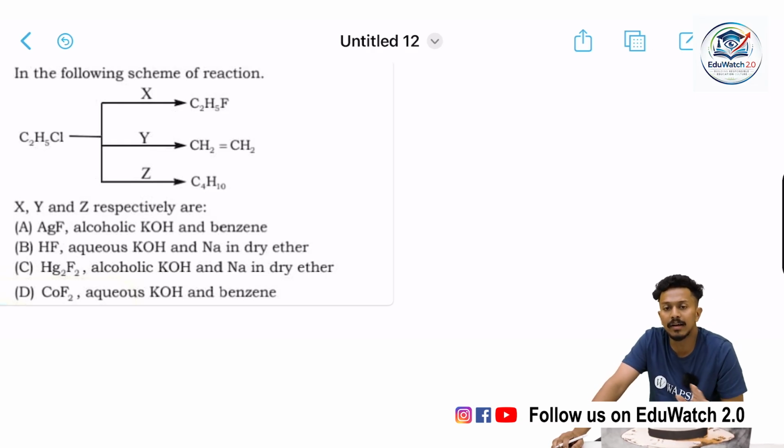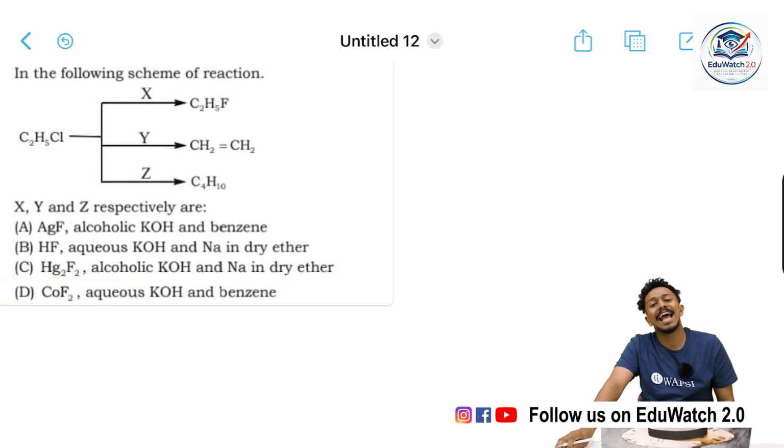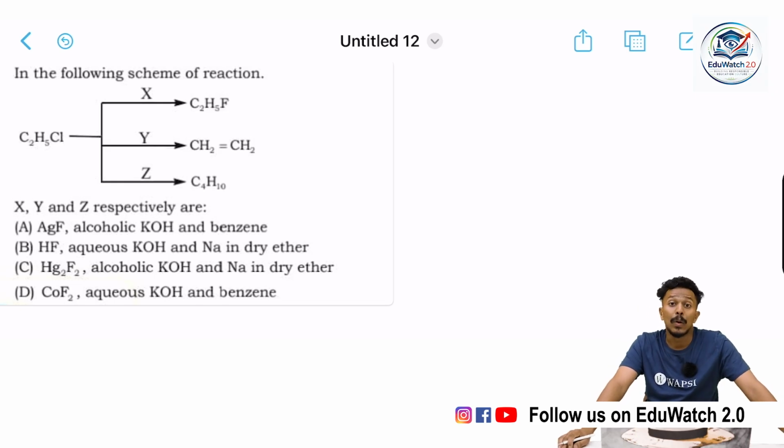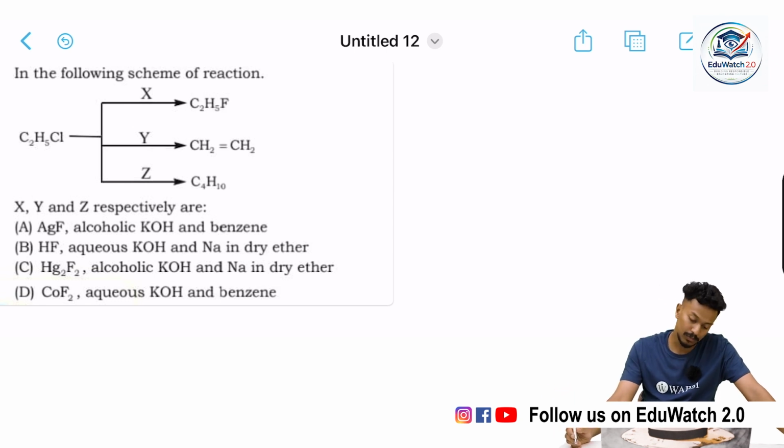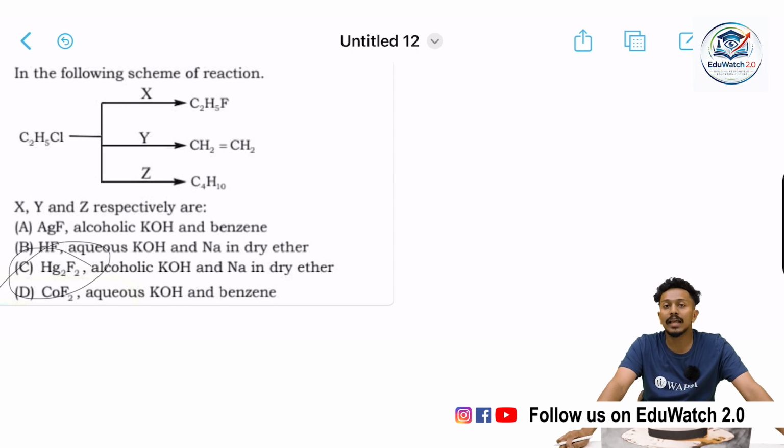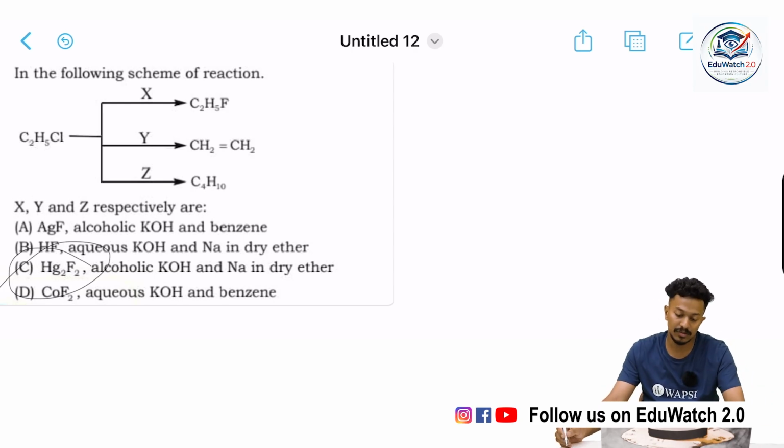Well, when a methyl chloride or alkyl chloride is treated with mercury fluoride, we get a fluoroalkyl group. So it might be Hg2F2, right? Yes. When an alkyl chloride is treated with alcoholic KOH, we get ethene, the double bond structure.